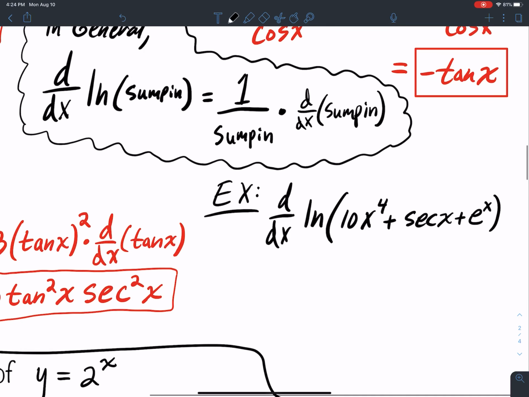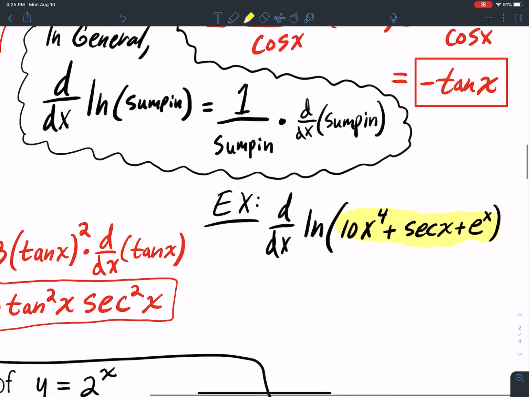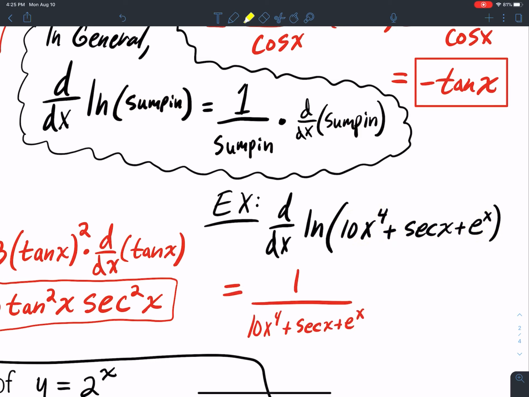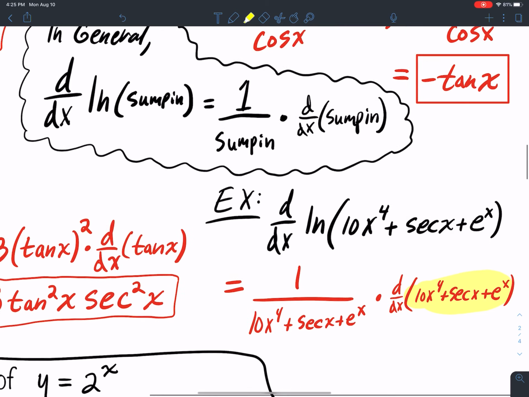All right, last one right here. The derivative of natural log of 10x to the 4th plus secant x plus e to the x. How do we do this in general? We do 1 over the something times the derivative of the something. So I do 1 over this. What's the derivative here?